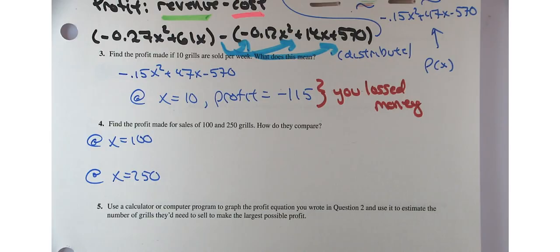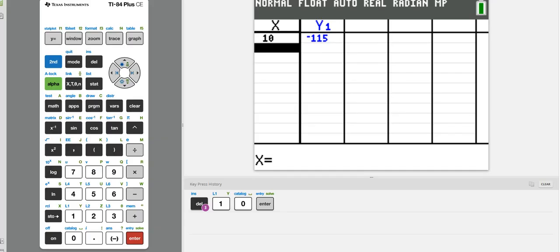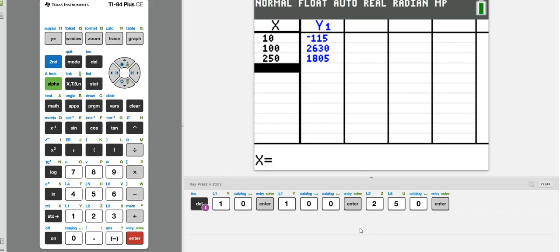So let's plug those numbers in and see what we get. Here's the cool thing. X equal 100. Just type in that number. Oh. It gets it out. Pretty cool. We want an x equal 250? No problem. Just type in a 250.